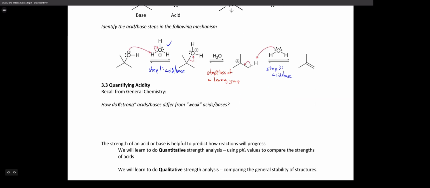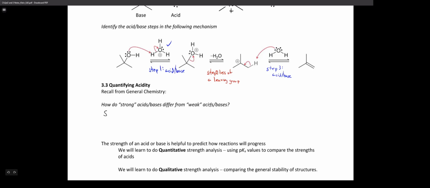So from general chemistry, how does a strong acid differ from a weak acid? What does strong mean? That's the important word. Further dissociate, yeah, it's dissociation.